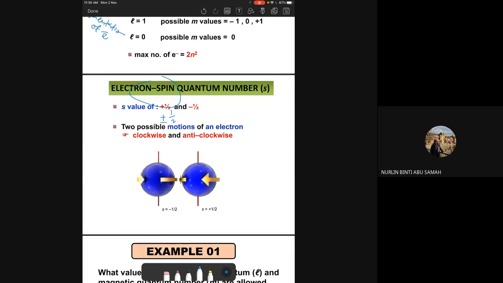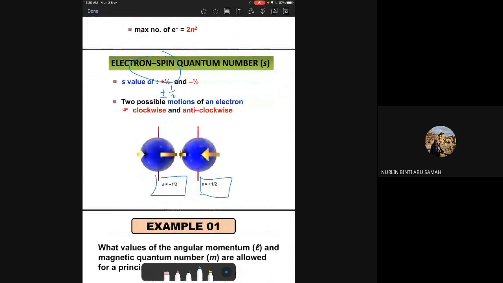Kalau dia ada positive dan negative charge, dia akan menarik. In this case, both are electrons, so they will keep repulsing each other, but in a stable condition. So the concept for the S spin number is represented like negative and positive 1/2.